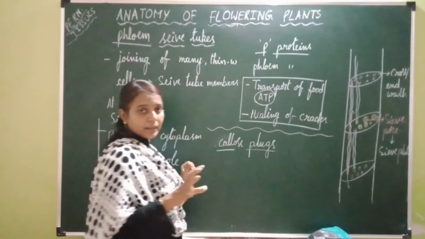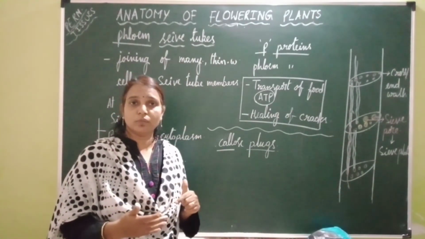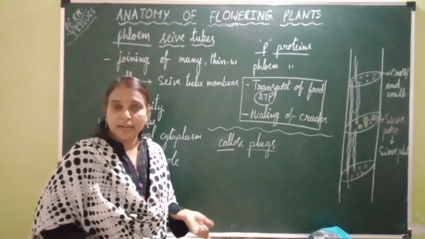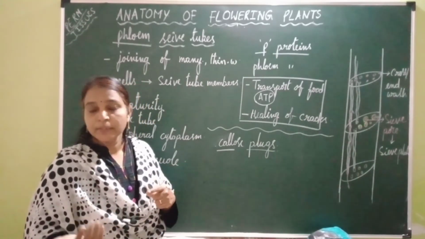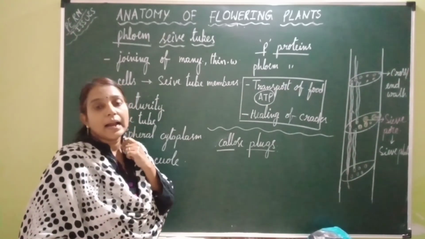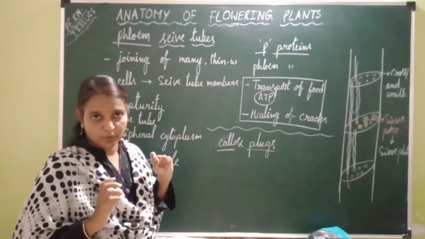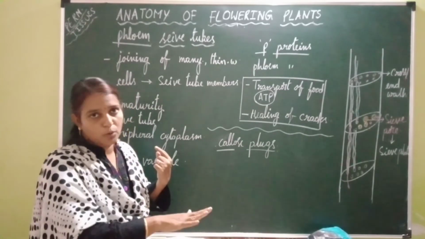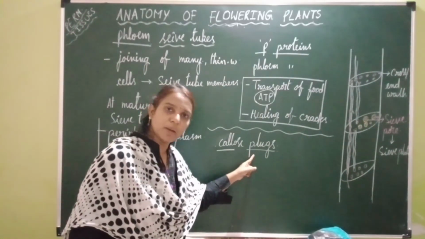So during unfavorable conditions, that means the conditions when the plant is not showing any growth, when there is no formation of new leaves, there will be no need of transport of food materials through these sieve tubes from leaves, the photosynthesizing parts, to the growing parts. Under these conditions, callose proteins block the sieve pores, and hence the transport of food materials through sieve tubes will be stopped, and hence these callose proteins are also called callose plugs.